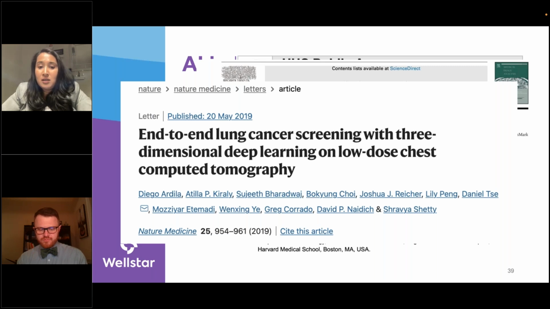As you saw, there's still racial disparities that exist within the lung cancer screening population, and a lot of the AI models are learning their algorithm based on patients that are currently enrolled in a screening program. And so one of the concerns is, are we perpetuating those disparities further if the AI model is being tested and reproduced in a certain population? So I think there's more to come in the world of AI, but certainly something to keep on our radar as lung cancer screening continues to evolve.